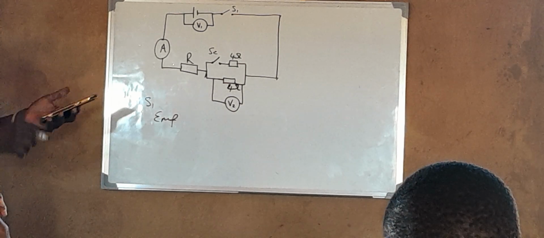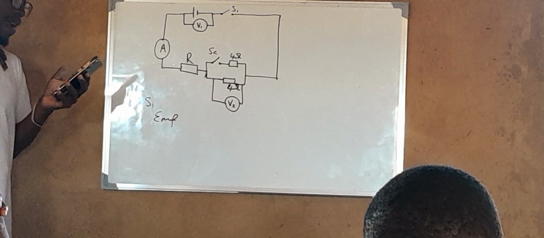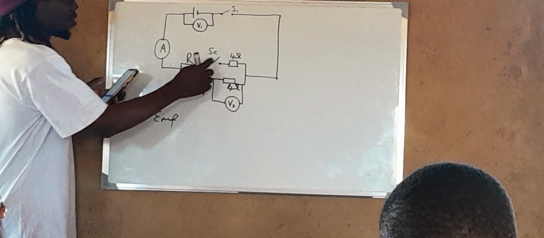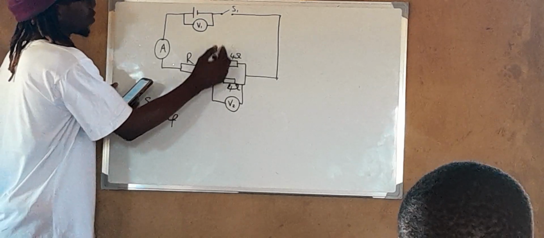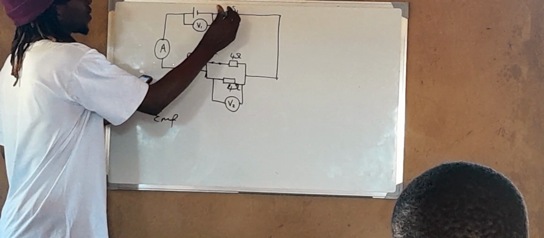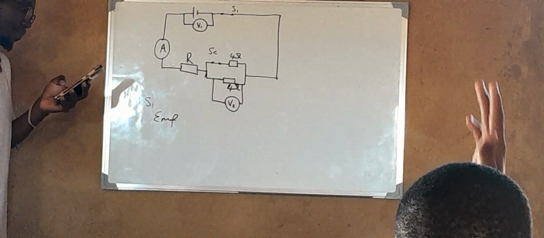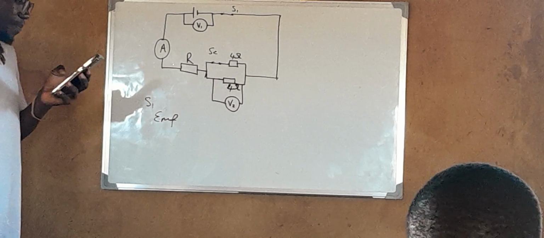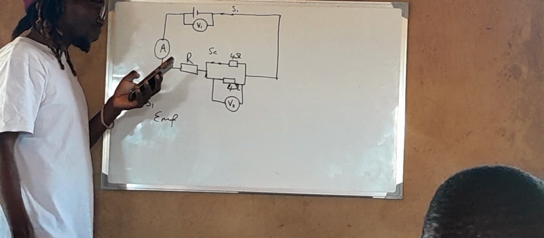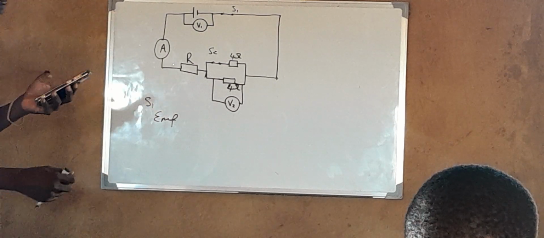Now they said both switches are closed now. So this is closed and this is closed. It means that the current is now circulating everywhere. They say the total resistance of the whole circuit becomes 4.